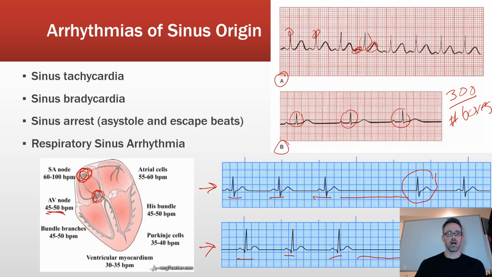And then finally, the last bullet I have is respiratory sinus arrhythmia. And this is fairly common, and often just benign. But what you'll see is that there's sort of this irregular pattern to it, where every time the patient breathes in, there's a cluster of complexes that are suddenly faster.